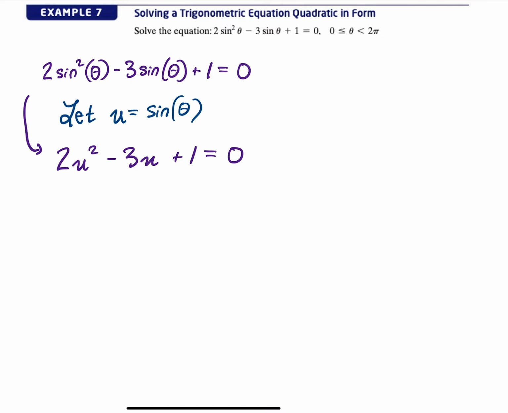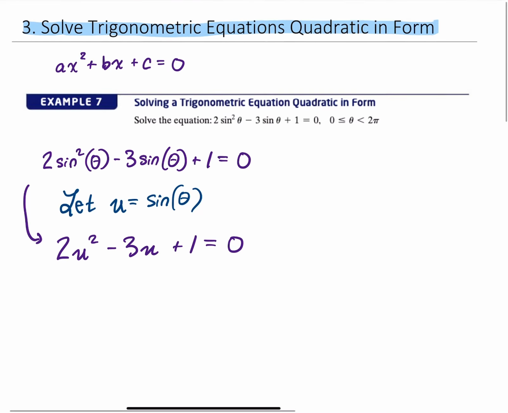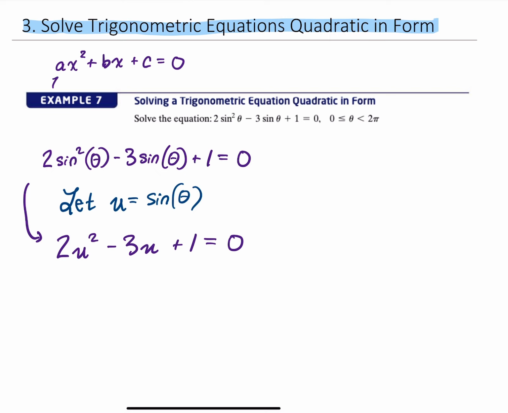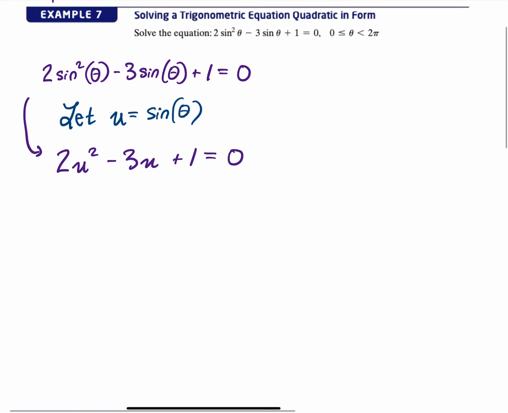But when I say AC method, I'm referring to, in this general form, we usually call this coefficient A and then this constant term C. So I start with multiplying those two. So 2 times 1 is 2.